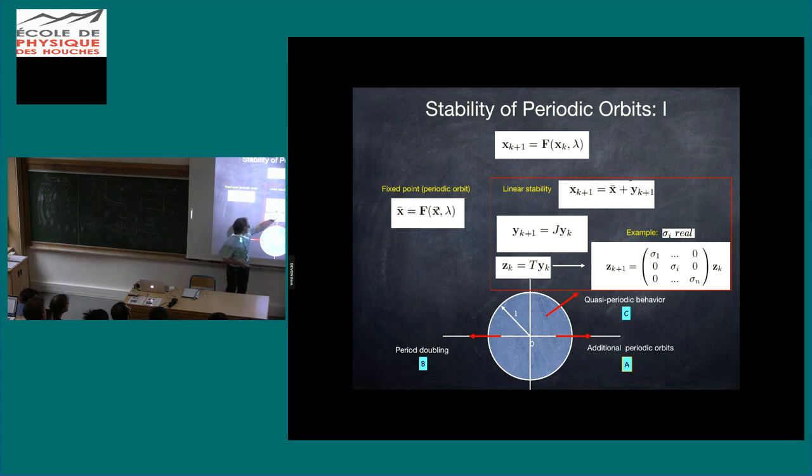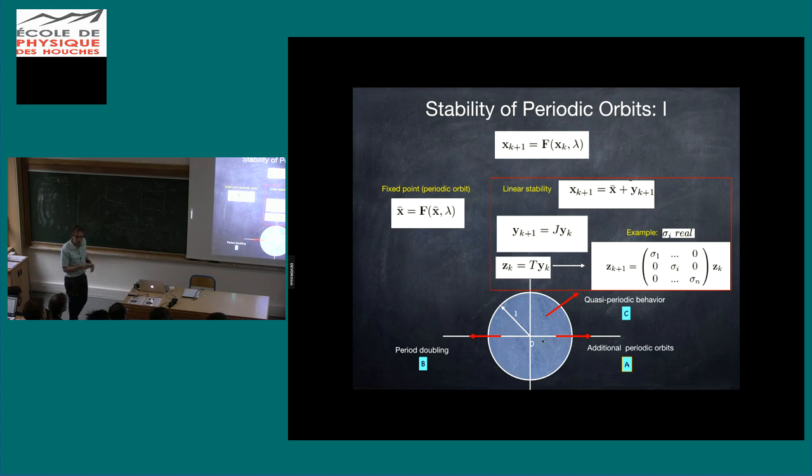And then you get a mapping here where the J is the Jacobian of the Poincare map. And then you see that if you have a discrete map here, you can diagonalize it with this T transformation. And then you get eigenvalues, and you see already that if the norm of these eigenvalues is within the unit circle, you have a stable periodic orbit.